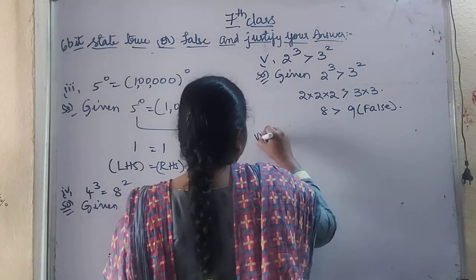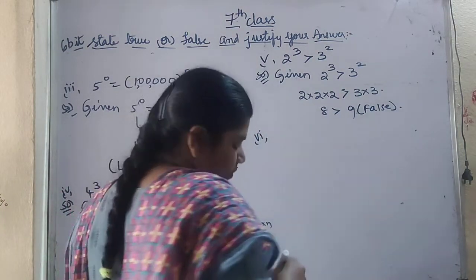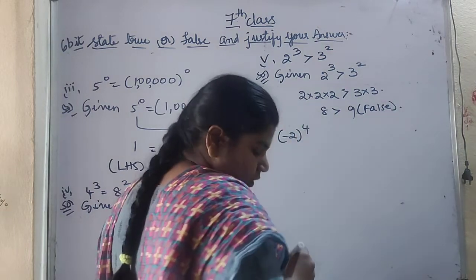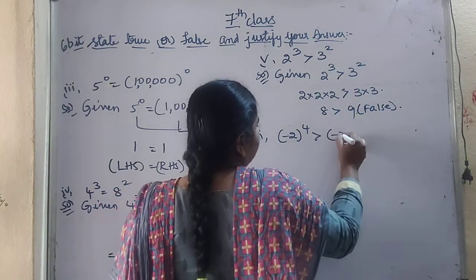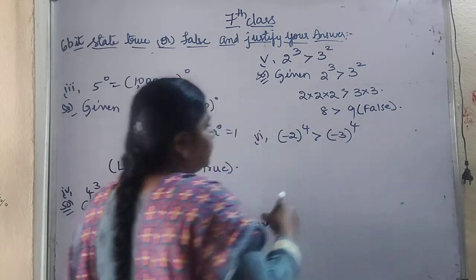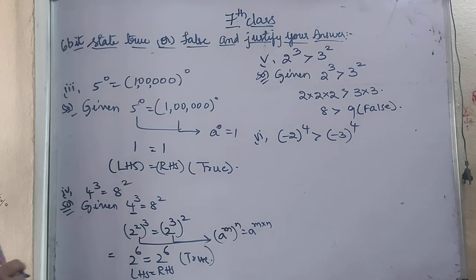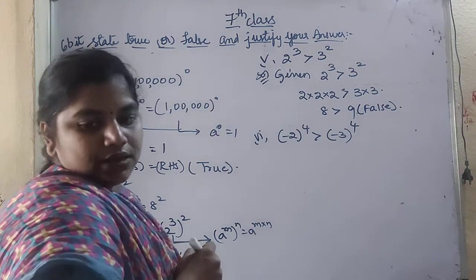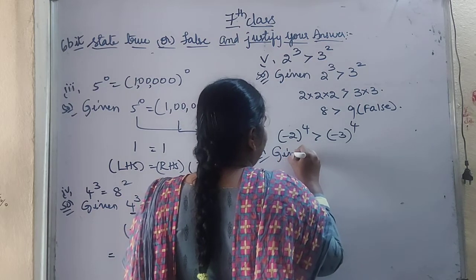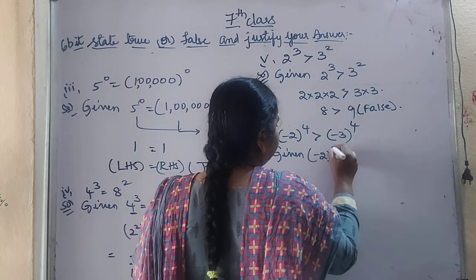Next, sixth one. Minus 2 whole power 4 is greater than minus 3 whole power 4. Okay, it seems minus 2 whole power 4 is greater than minus 3 whole power 4. So whether it is a true statement or false statement we will check.